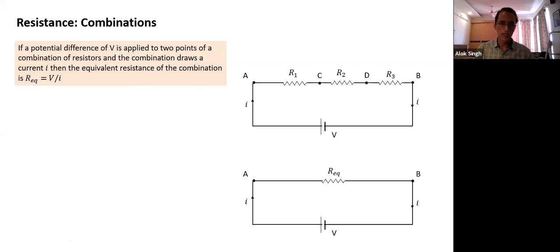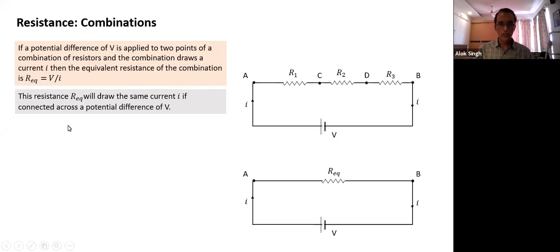That's the logic behind it for finding the combination. So rather than having this combination, if I have this one single Req, for the same voltage it draws the same current. This Req is the equivalent of this combination. That's what these two statements mean.